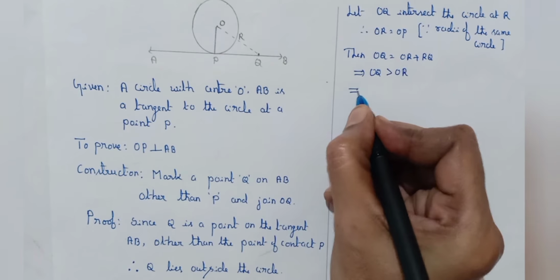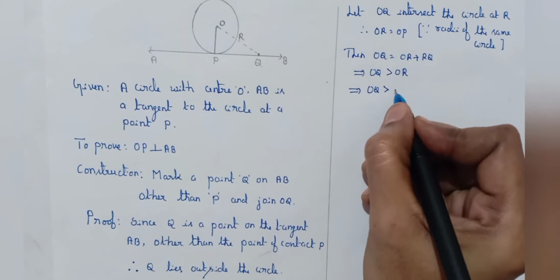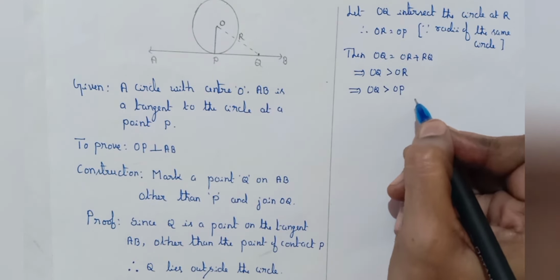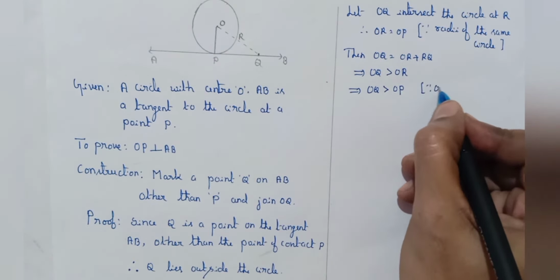If OQ is greater than OR, then we can write OQ is greater than OP, because OP and OR are the radii of the same circle. OP is equal to OR.